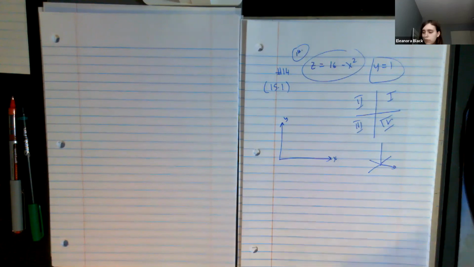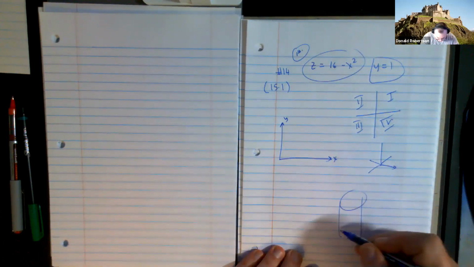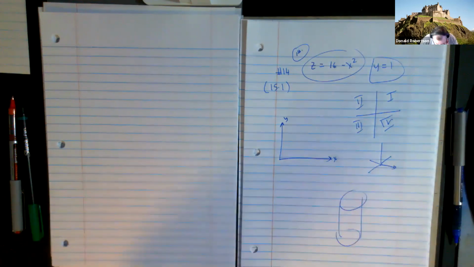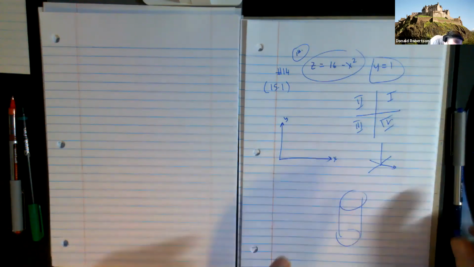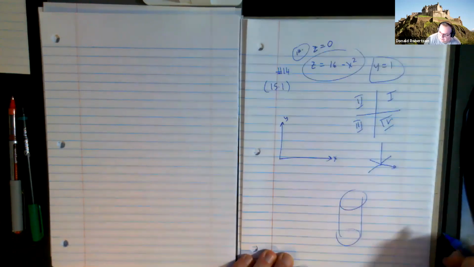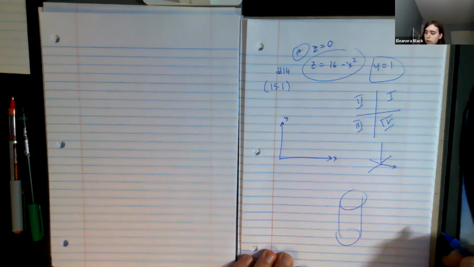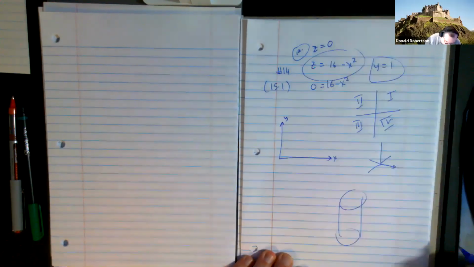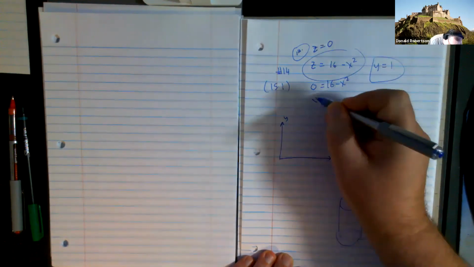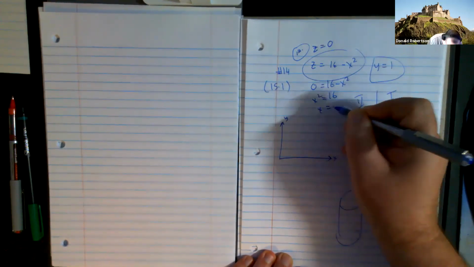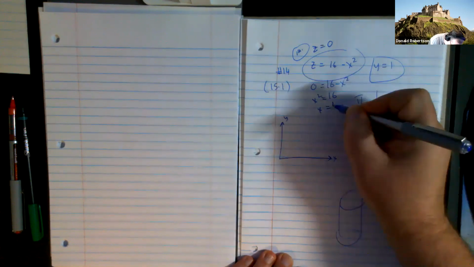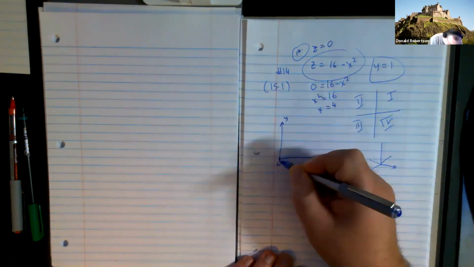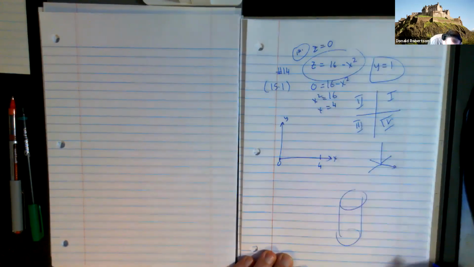Now, if you take this cylinder, so can you imagine this is a cylinder, right? If you take this cylinder and it comes down and hits the XY plane, isn't the XY plane z equals 0? Okay. Then when z equals 0, you get that, which typically would be plus and minus 4, but because it's in the first octant, it's only 0 and 4.